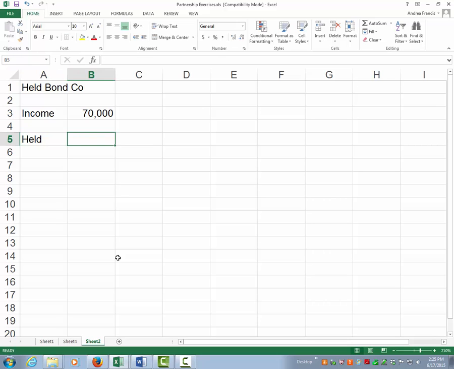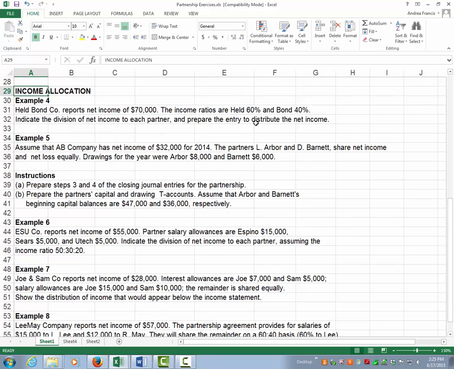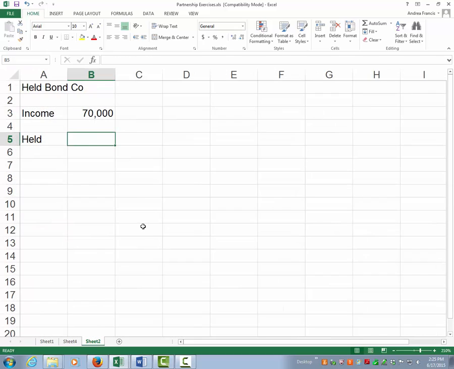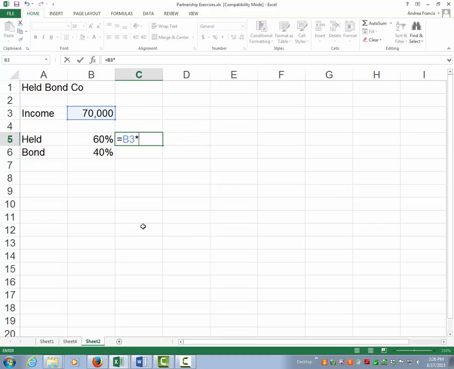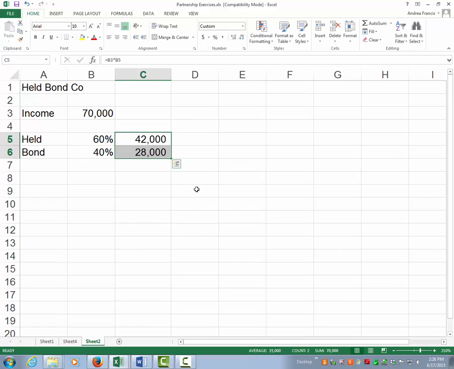Held needs to get, if we go back to the question, 60%, and Bond needs to get 40%. So we just simply say 70,000 multiplied by 60% and 70,000 multiplied by 40%. So those two numbers together are obviously going to add back to the original 70,000 that we started with.